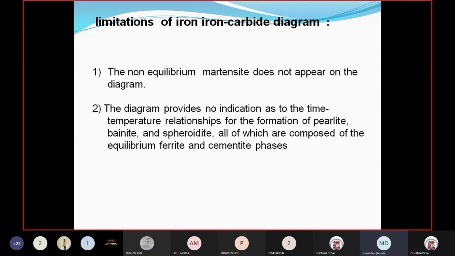This phase has different characteristics, different properties. So these will not be identified in the iron carbide diagram. So only when you do slow cooling is this diagram applicable. Okay. So coming towards the next slide please.